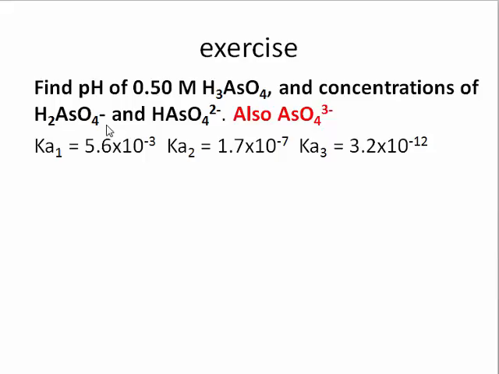You should be able to attempt to find concentrations of H2AsO4 negative and HAsO4 2 negative, in other words, the conjugate bases of the first and second dissociations. We will also consider the concentration of the arsenic analog of phosphate, AsO4 3 minus. You can attempt the first and second parts of this exercise highlighted in black before moving on.